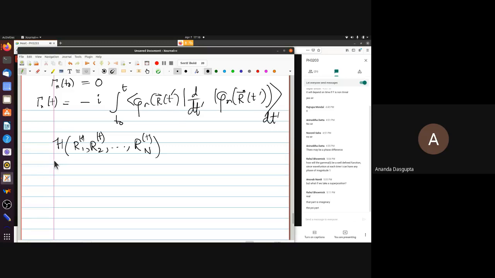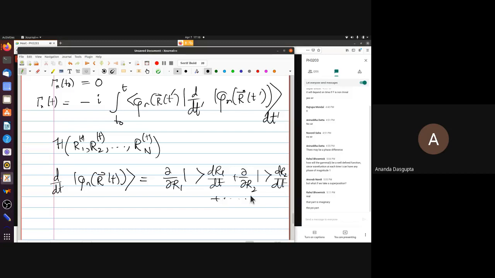So you can easily see that d/dt is nothing really but, right, elementary calculus.